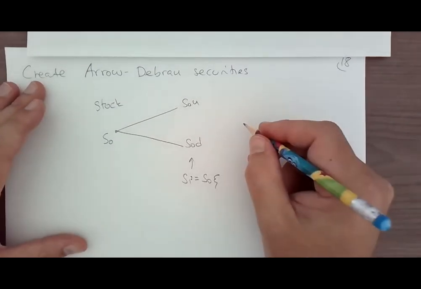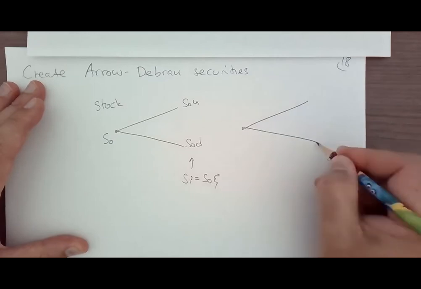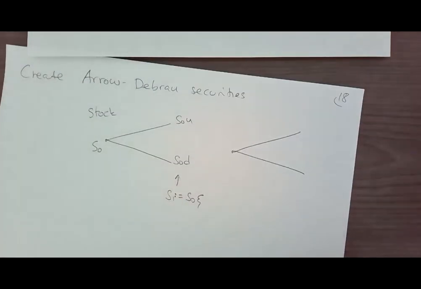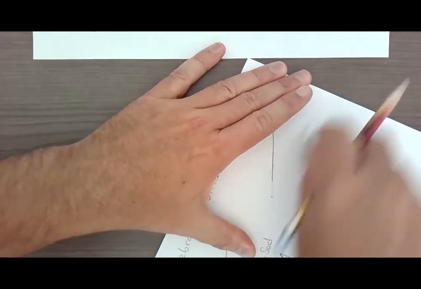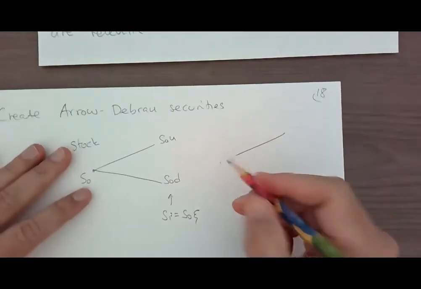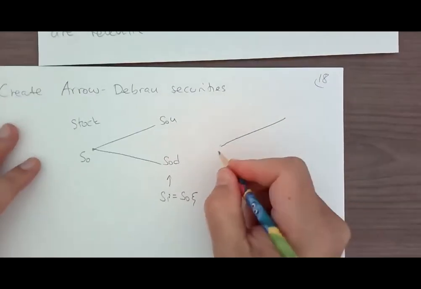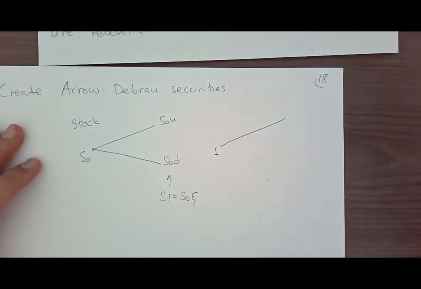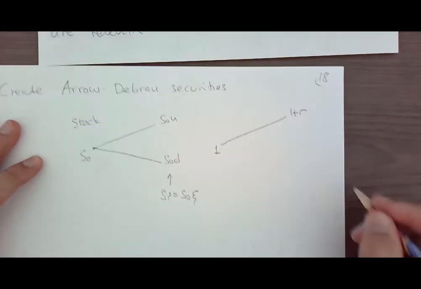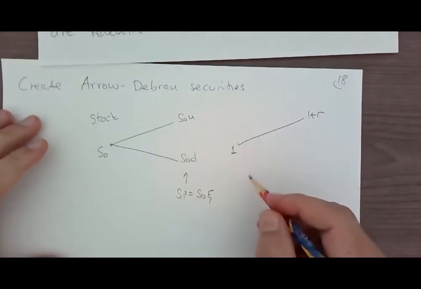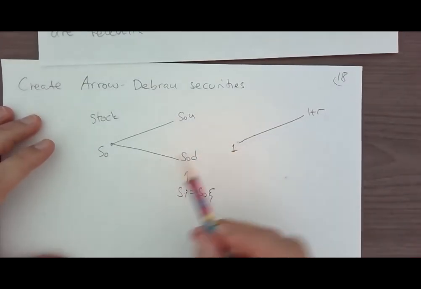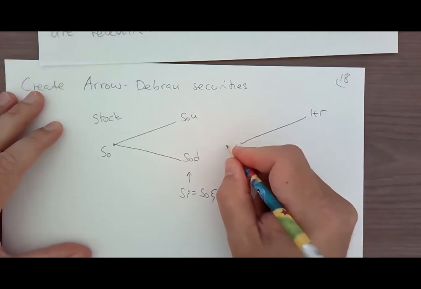And then we have the bank. And the bank only has one payoff, not two. This was the one that goes from 1 to 1 plus R. Okay, so to create the Arrow-Debreu securities, first order of business is to multiply both sides by S0.